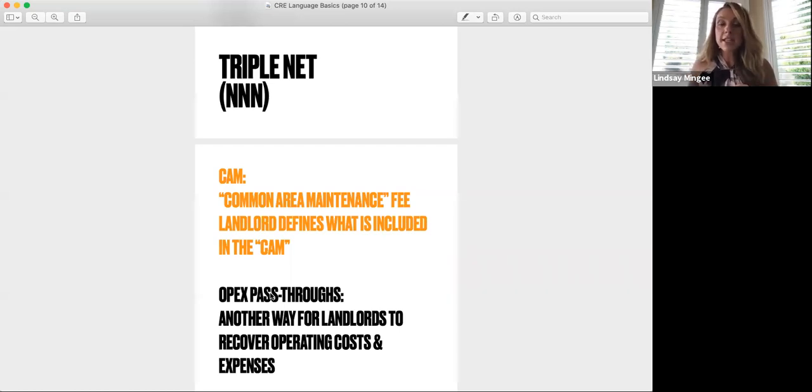So best practice for anyone dealing with commercial property ownership, leasing that space to tenants, anyone involved with tenants who lease space from someone who owns that property, and you're looking at their monthly costs, look at what's included in a CAM, because a landlord can define what that means.